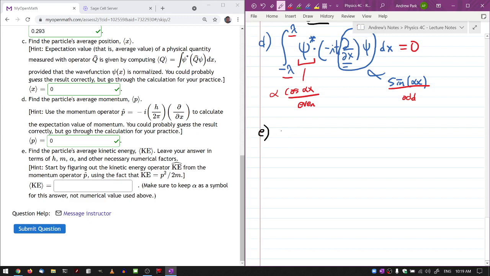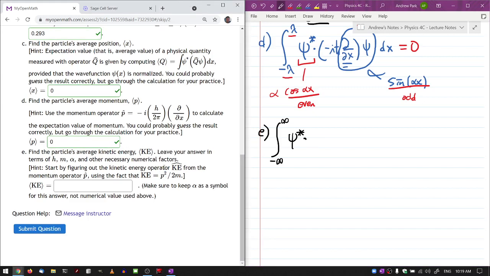So the thing that I'm setting up is the integral over all space of the complex conjugate of the wave function times the kinetic energy operator, plugging in the expression for the momentum operator.